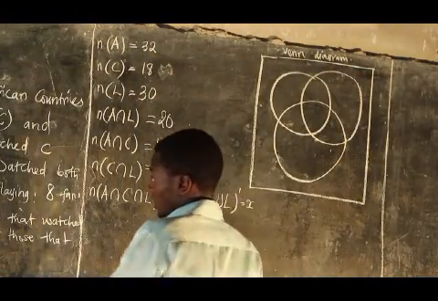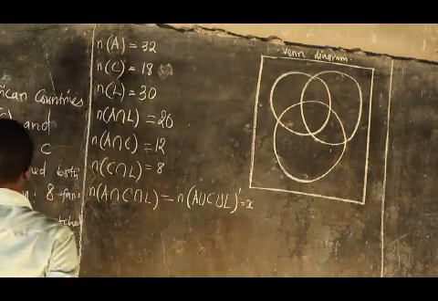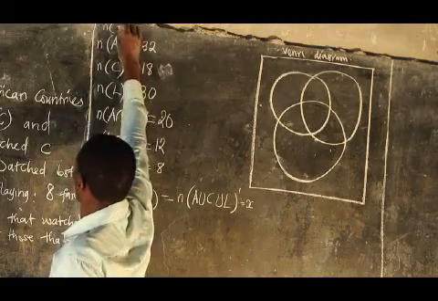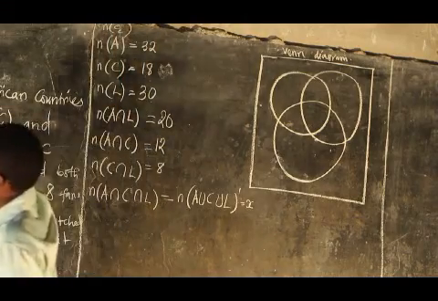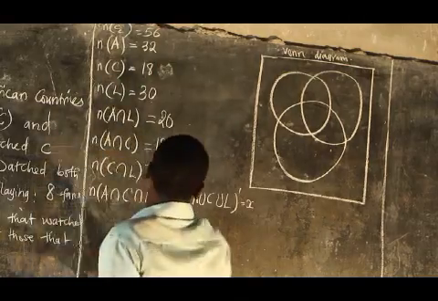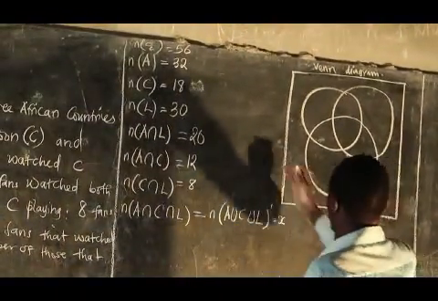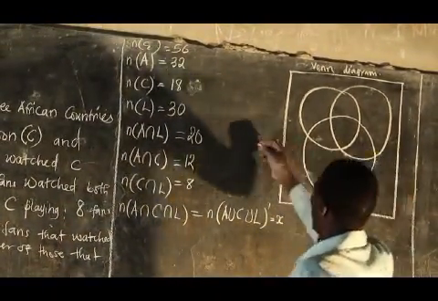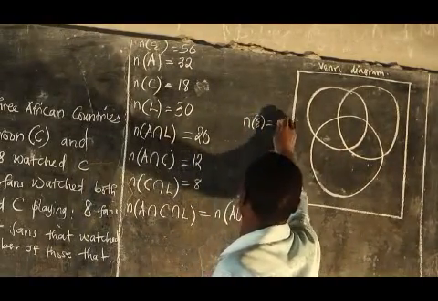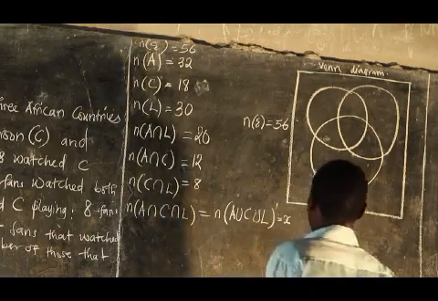So if we're going to represent the universal set, they told us that the number of fans was 56. So we start with that one. Anyway, we said that the number of universal is equal to 56.